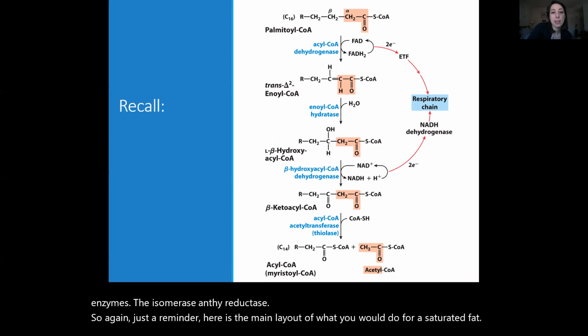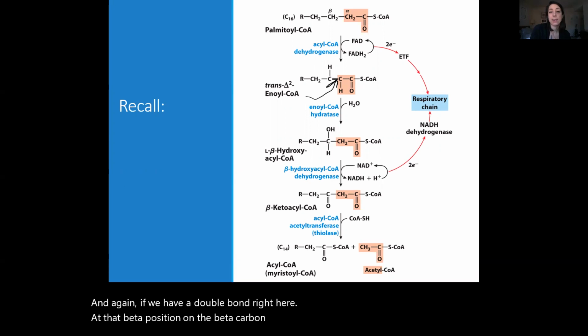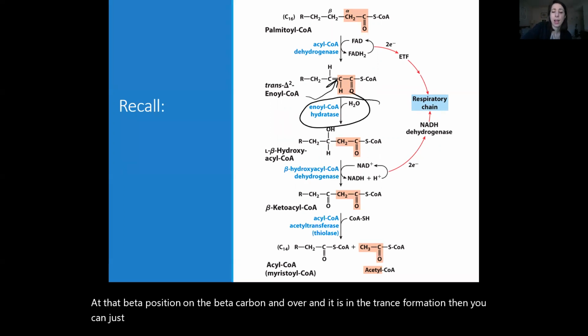And if we have a double bond right here at that beta position on the beta carbon and over, and it is in the trans formation, then you can just start at the enol-CoA hydratase step and continue through beta oxidation.